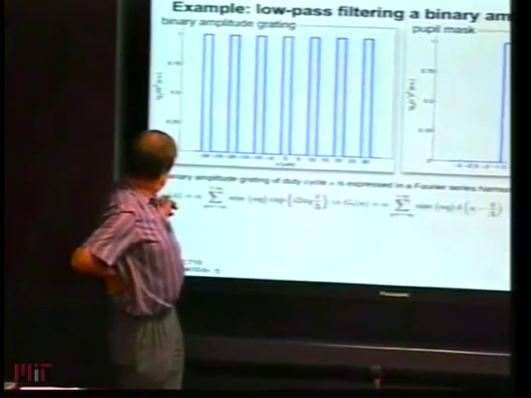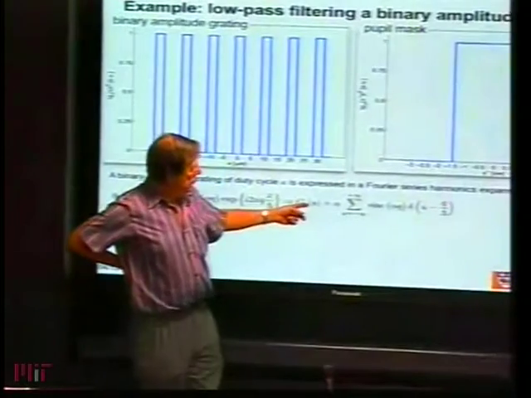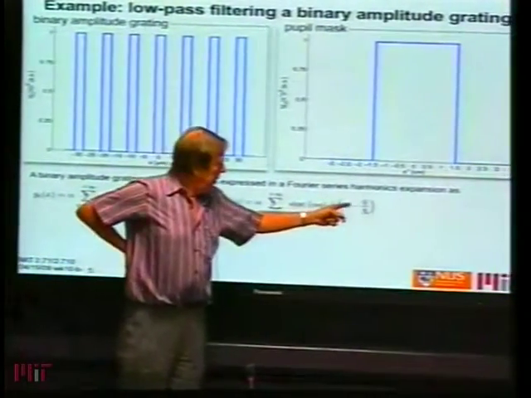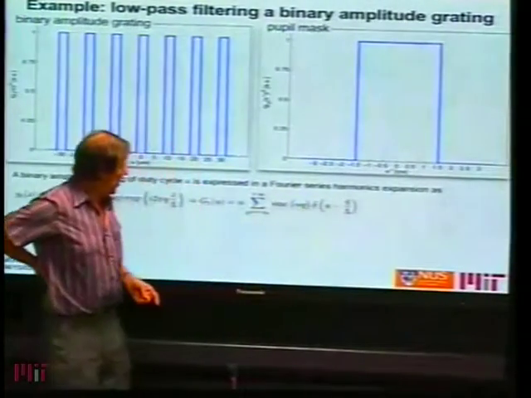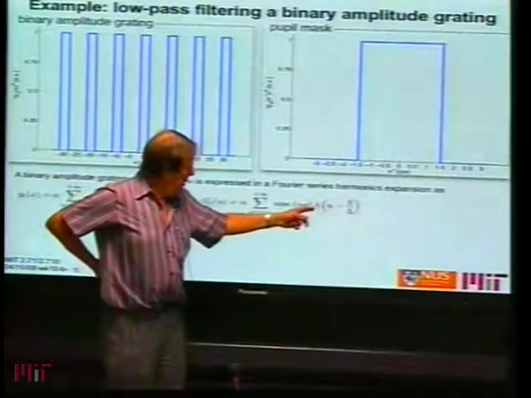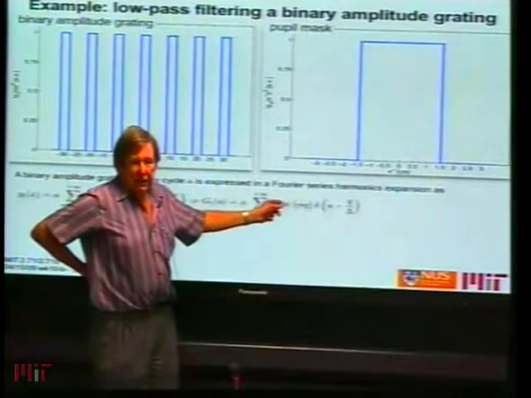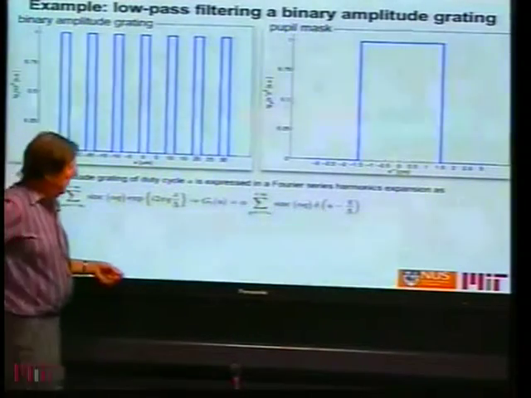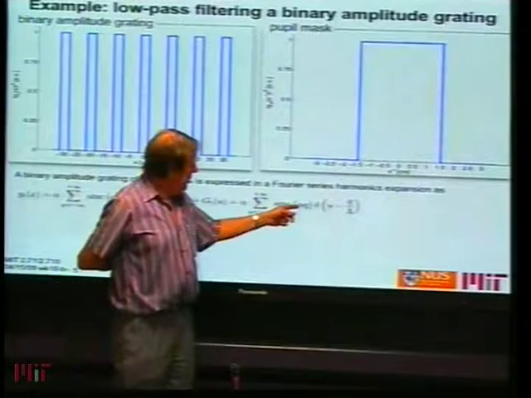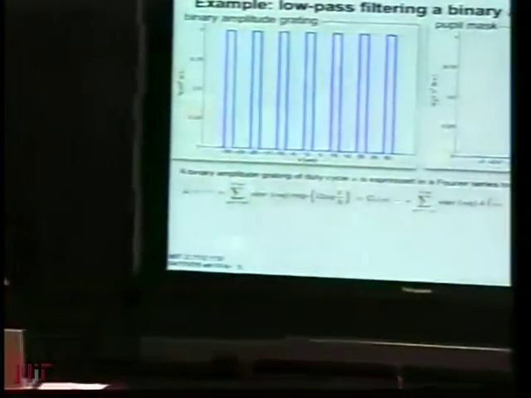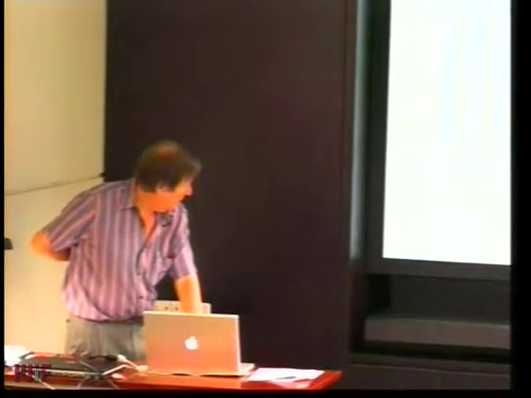So this function Fourier transforms to a series of delta functions corresponding to the different orders, different values of q. The strength of the different components is given by the value of the sinc. So you can see again, there are some values of alpha q which can be 0 and therefore those components wouldn't be there.